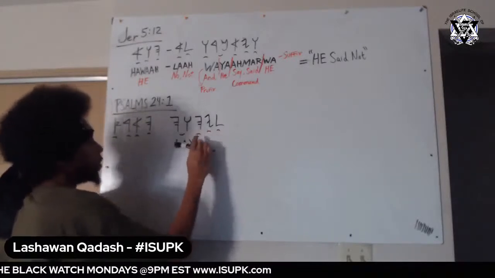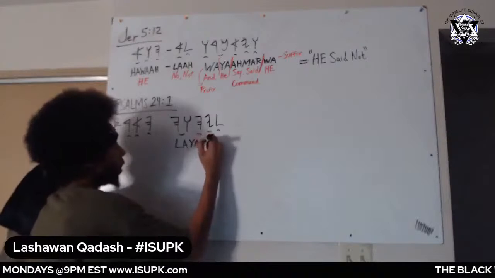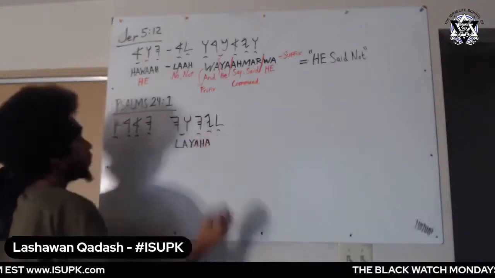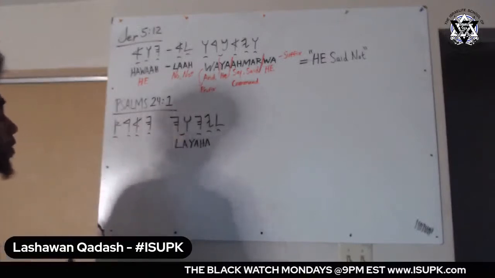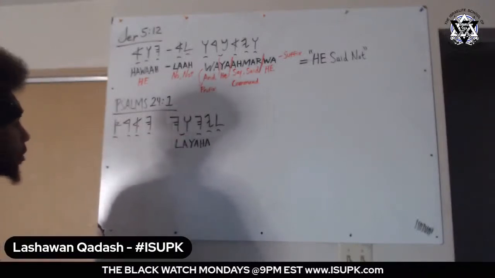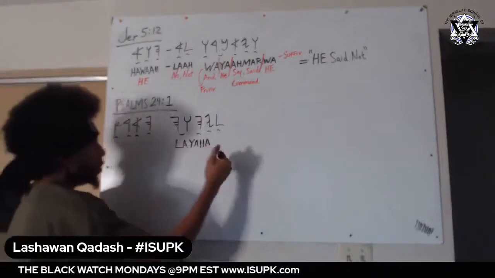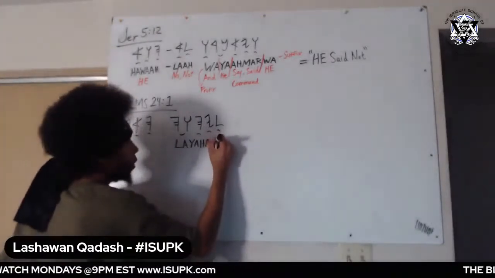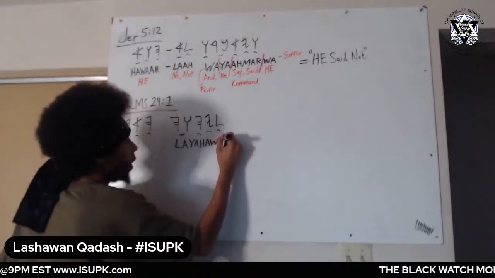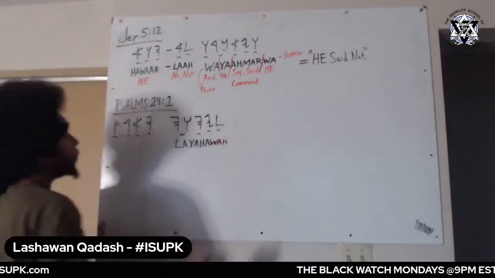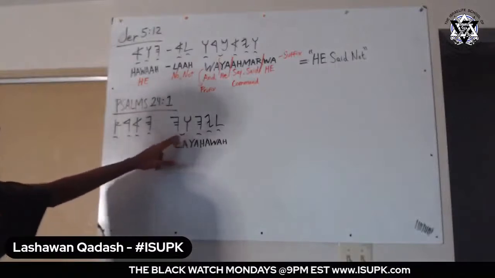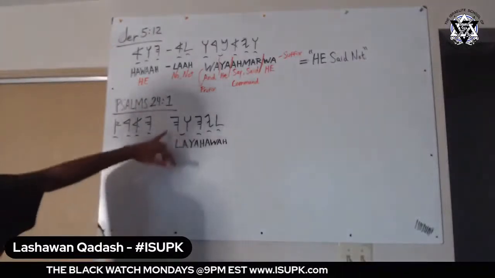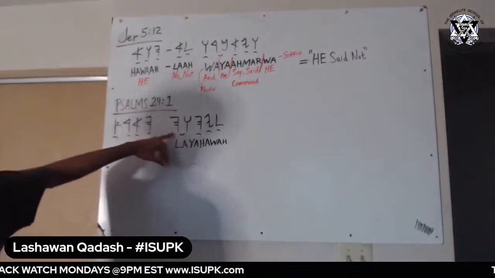So yeah, the Ya, the Ha, H-A by itself. Now this is where things change a little bit. We're still going based off the prefix and the suffix. We have the Wa and the Ha. The A is going to drop off because since it's connected, it's going to be towards the end of the word.